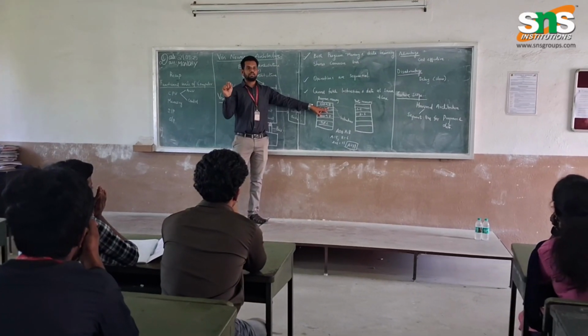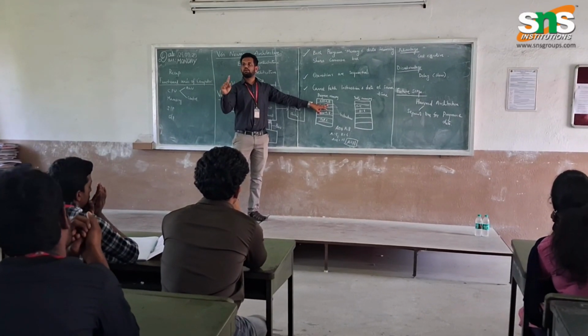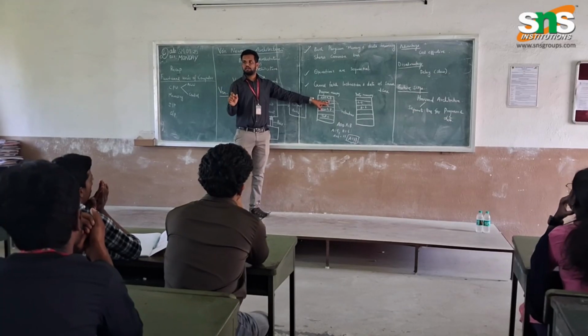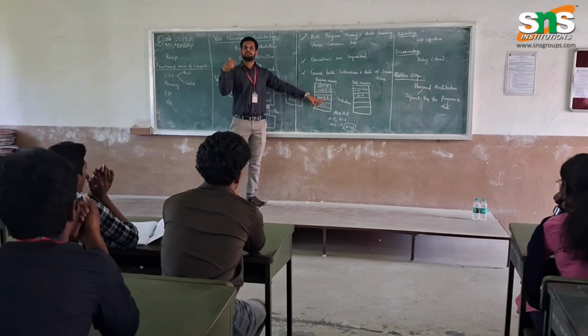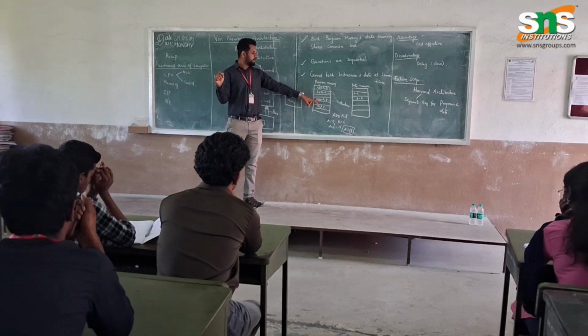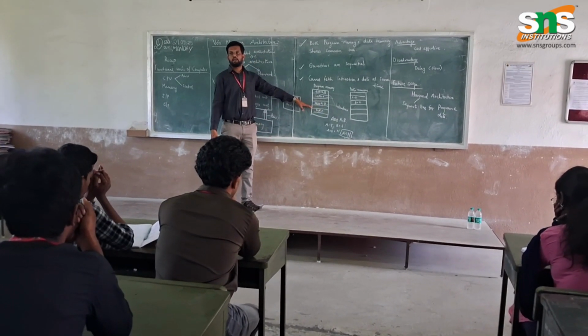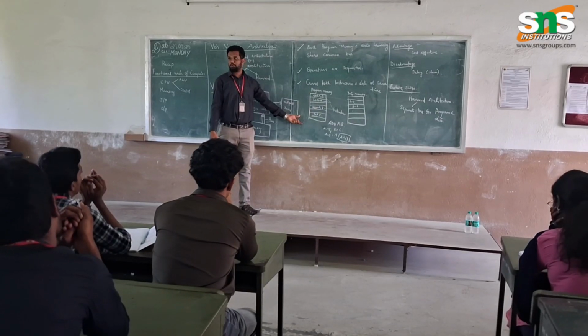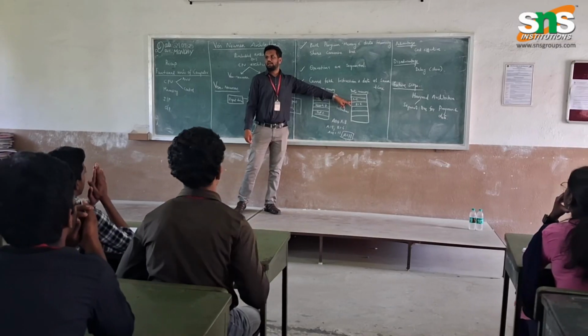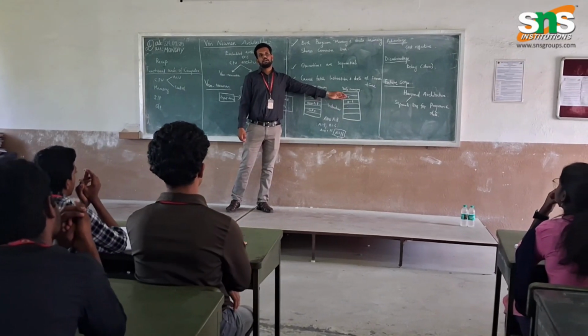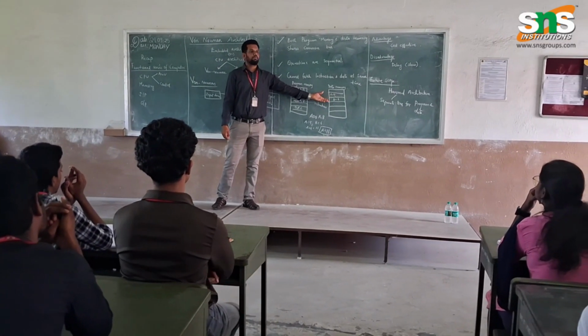You are instructing the computer to add two data and store in the same A value. Similarly, move A comma B means you are instructing your computer to move data from B to A. Like that, instructions will be stored in a separate memory, and the data values, like A value 5, C value 6, will be stored in the separate memory.